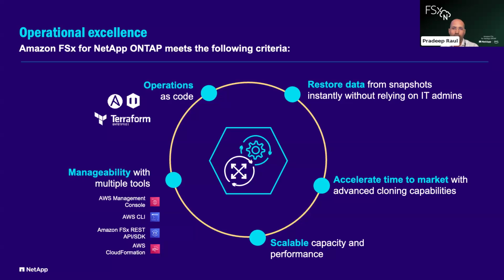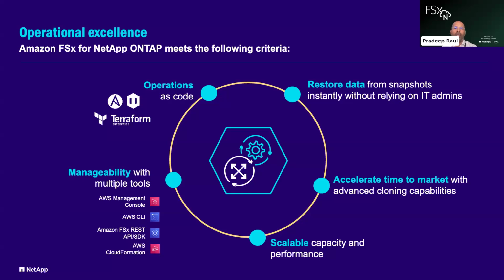So that part is taken care of. You can scale capacity and performance as required. You can scale in smaller increments, and you can reduce capacity and performance as required as well. So I can confidently say that FSx for ONTAP is well architected from an operational excellence point of view, because it takes most of the boxes on the design principles of operational excellence.